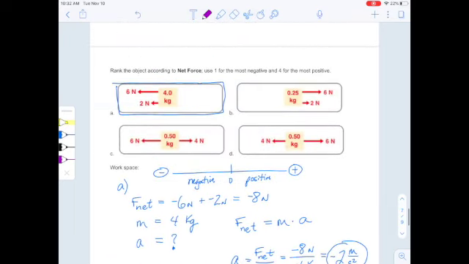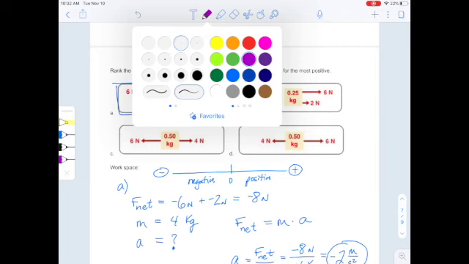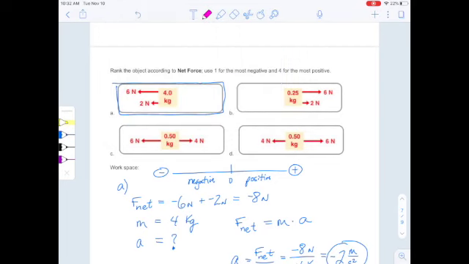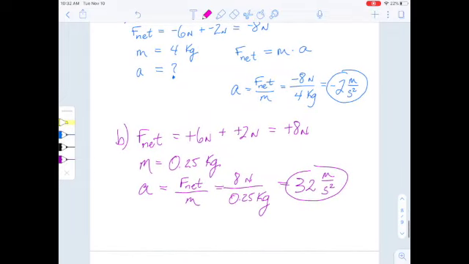I'm going to go ahead and do the same for C and for D. So for C, I have 4 to the right and 6 to the left. Oh geez, I'm running out of room. My F net is +4 plus -6. So for C, I get -2 newtons, so I have 2 newtons to the left.